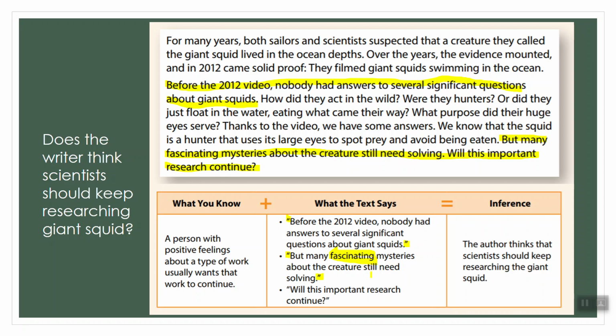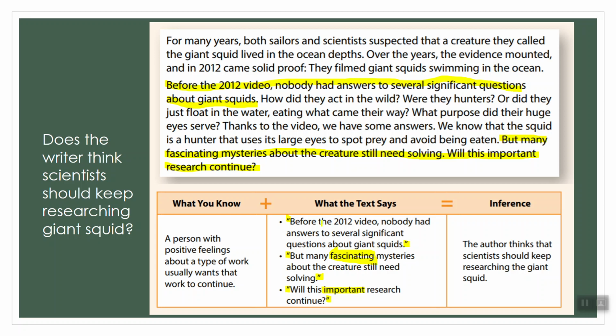Fascinating has a positive feeling to it. Finally, look at this last piece of textual evidence. He says, "Will this important research continue?" He uses the word important. That tells me that he thinks the research being done about giant squids is pretty important.